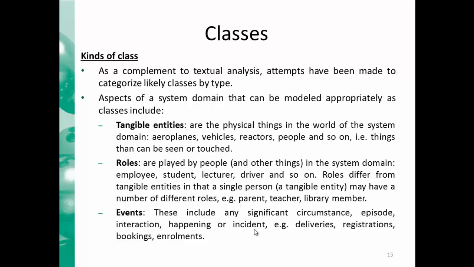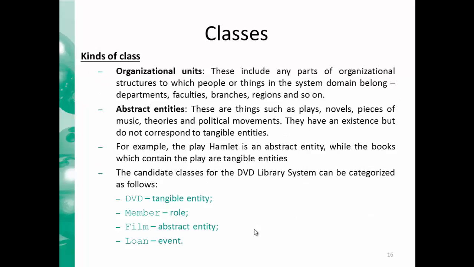The third type of classes is the events, like for example booking, reserving, registering, and so on. More classes can be of organizational units, like for example department, faculty, branch. And the last type of classes, which is also very common, are abstract entities, like piece of music, novel, and things.